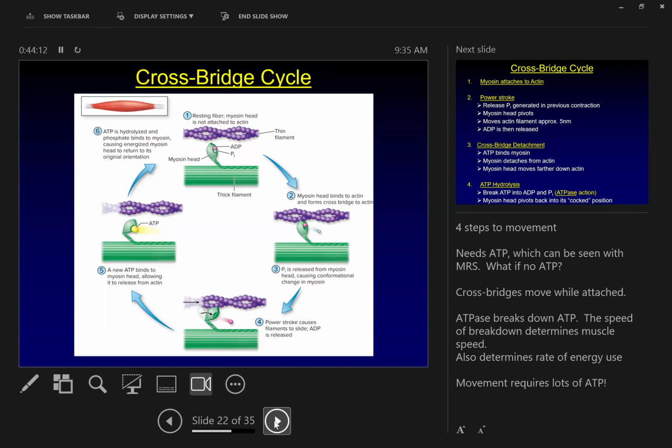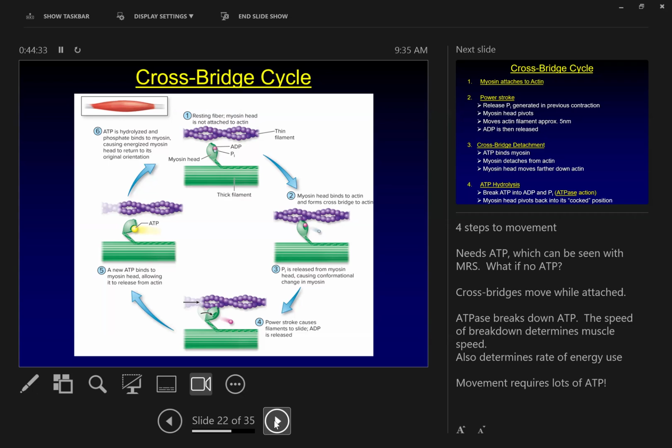So technically, you don't use energy to generate force. You use energy to get rid of force. You use energy to get myosin to let go of actin so we can start the whole thing over again, over and over and over again.